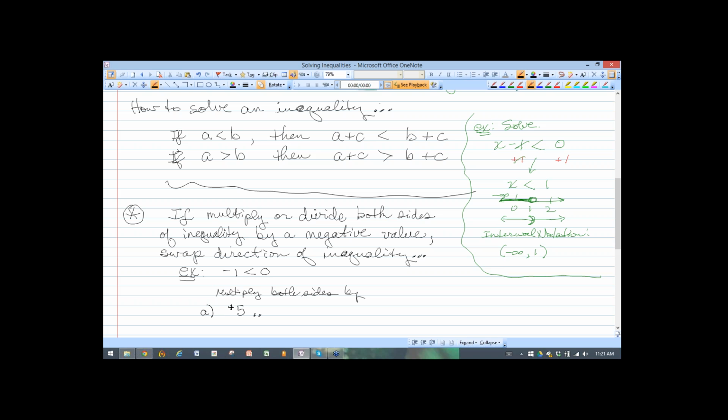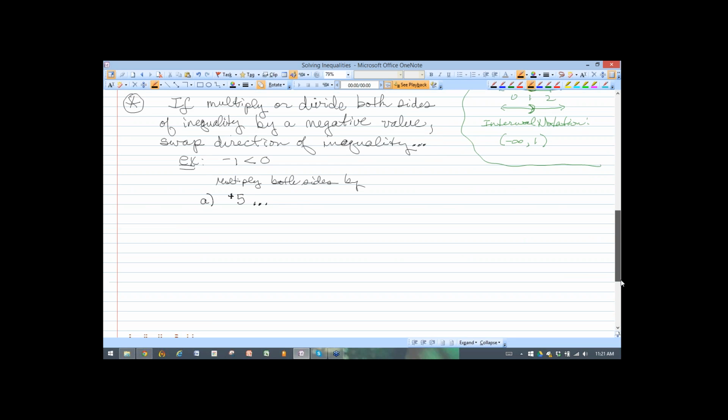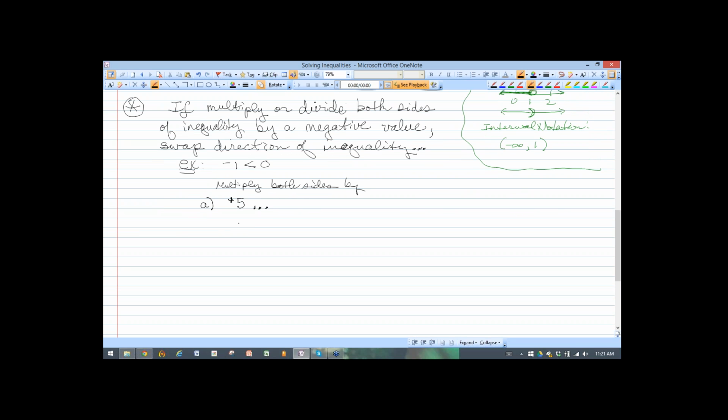Let me make some room. So let's take that -1, leave a little room, less than 0, leave a little room. So here we go. I'm going to take a +5 and multiply it. What I do to one side, I have to do to the other.